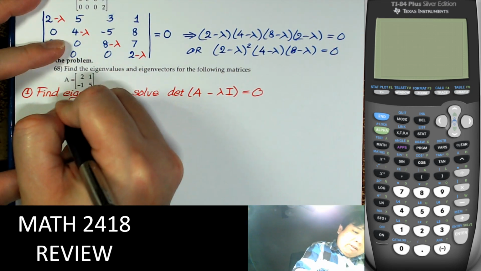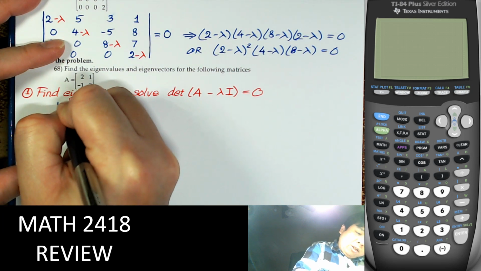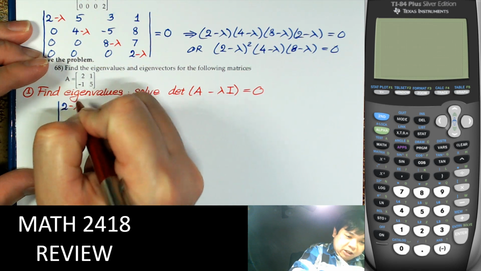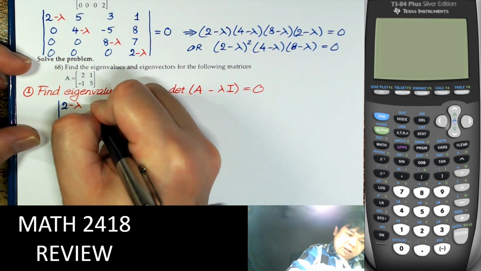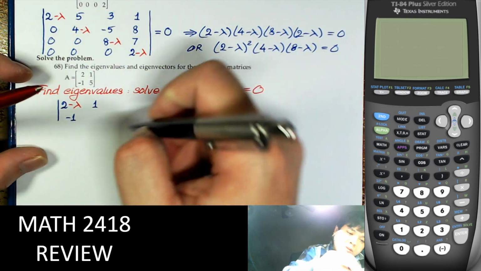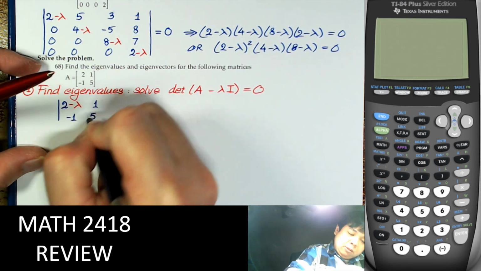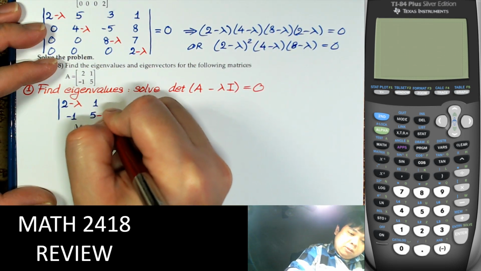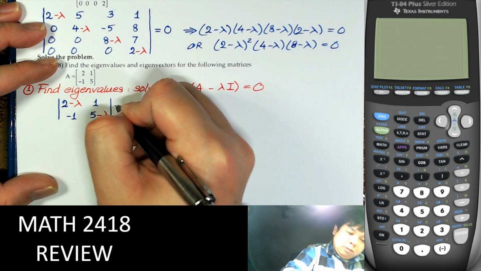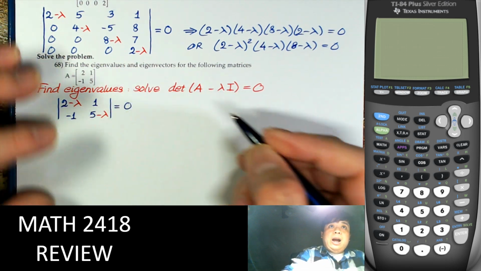Right, so we have the determinant with 2 minus lambda on the diagonal entry, and then we just find the determinant.